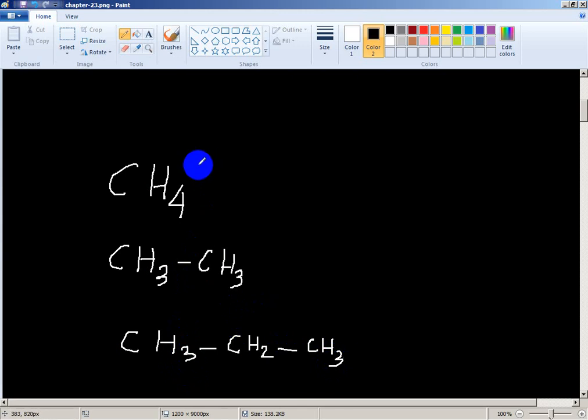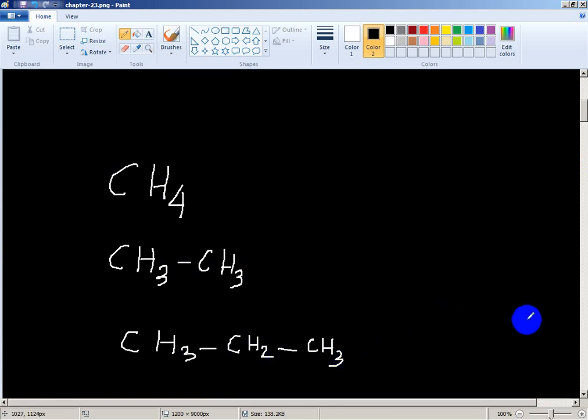This way the chain length is increasing. Small chain, shorter molecules are like these, while molecules which have more than 20 or 50 carbon in a chain are longer chain hydrocarbons. Have you understood? Three carbon in a chain is a shorter molecule.